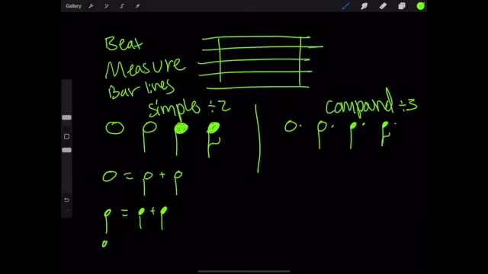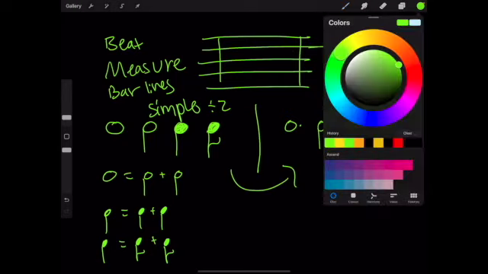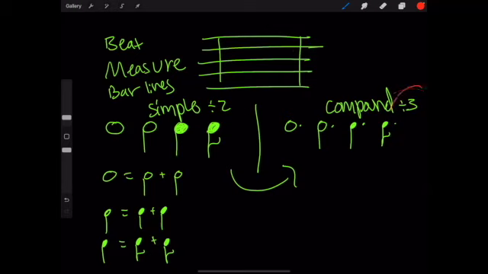If the beat is a quarter note, then the division would be 2 eighth notes, because an eighth is half of a quarter, right? So it's those two together. But over here, on this side, we're dividing the beat by 3, right? But how do we do that? We add the dot, right?